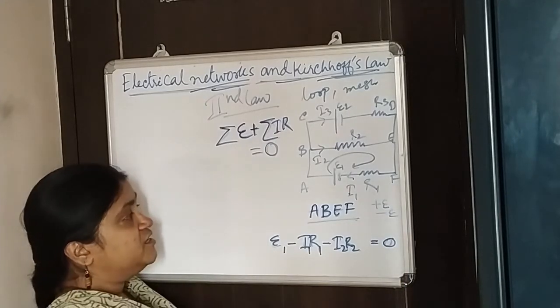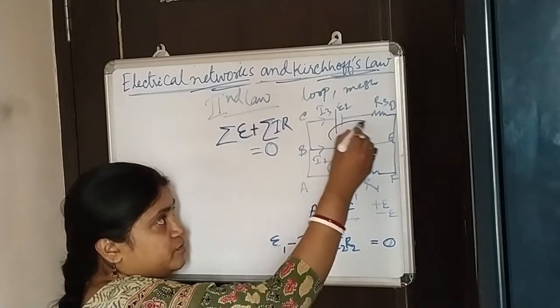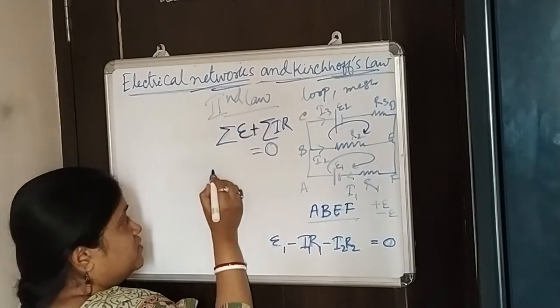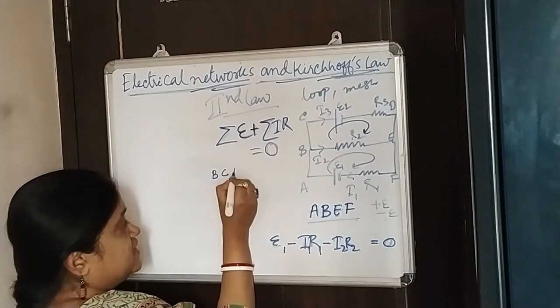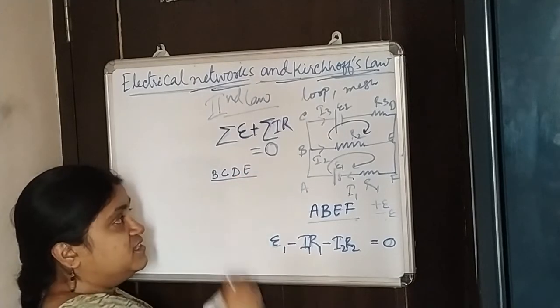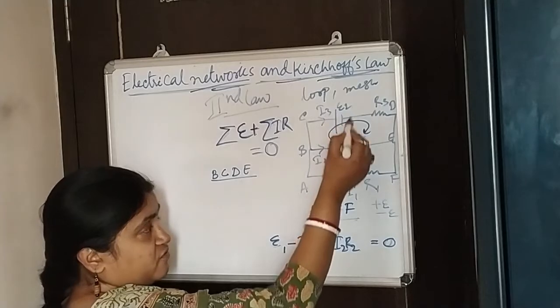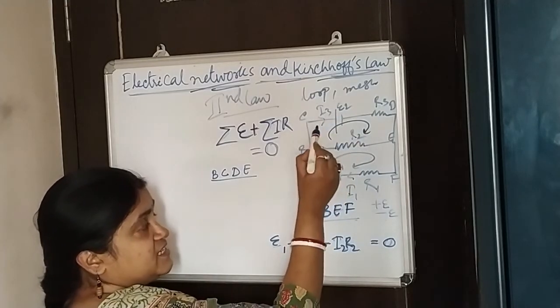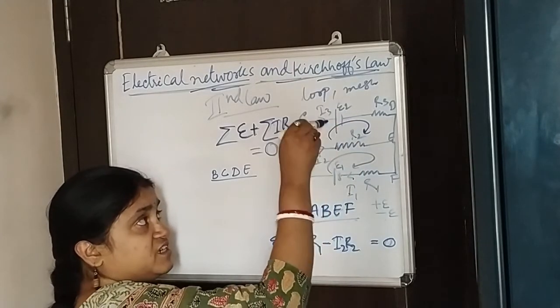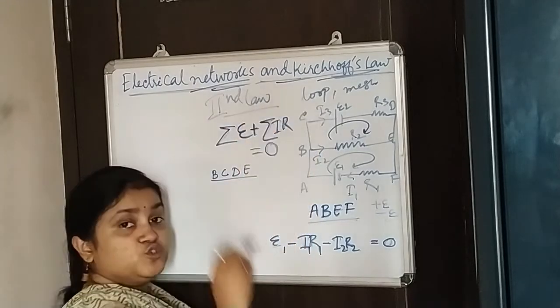Now coming to another loop, which is B, C, D, E. In this loop, the EMF of this particular cell is in the direction of current, from positive to negative.